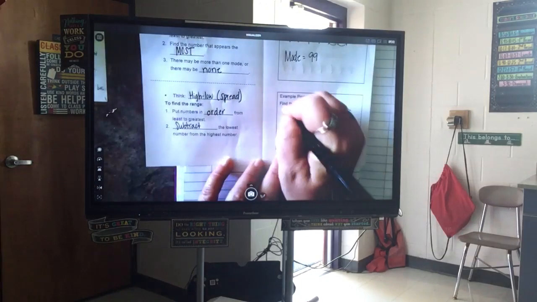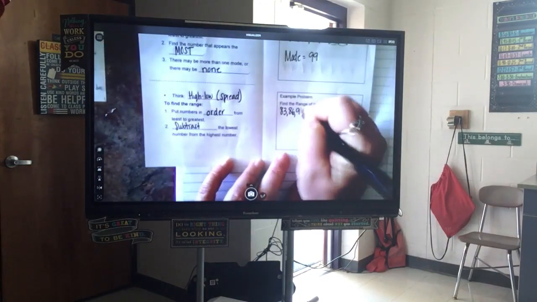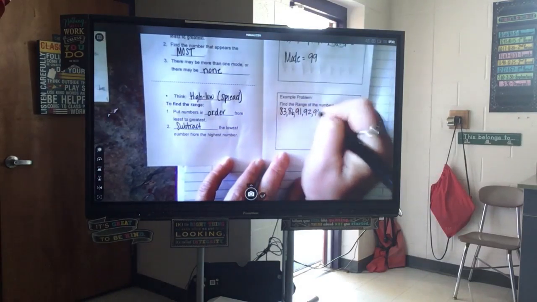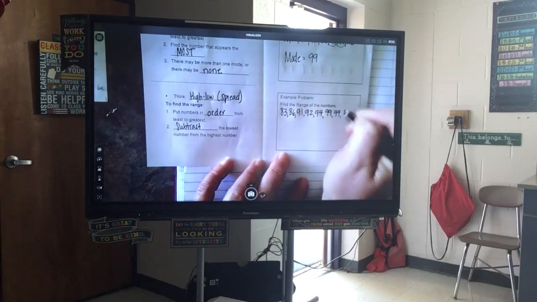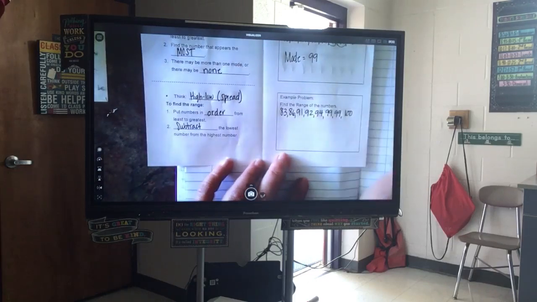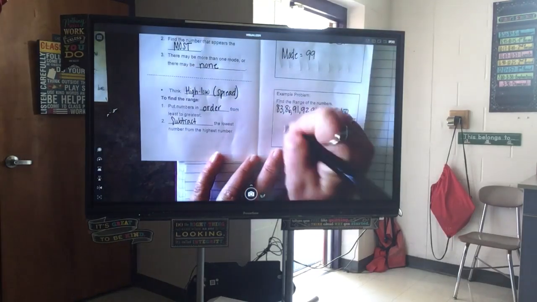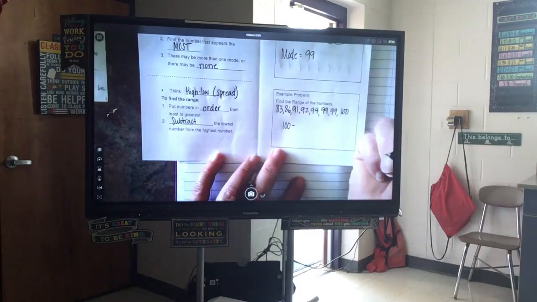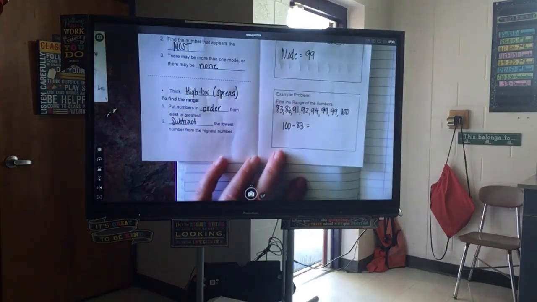So again, we're doing 83, 86, 91, 92, 94, 99, 99, and 100. What is my highest number? 100. What is my lowest number? 83. Raise your hand. Actually, stand up when you have your answer.